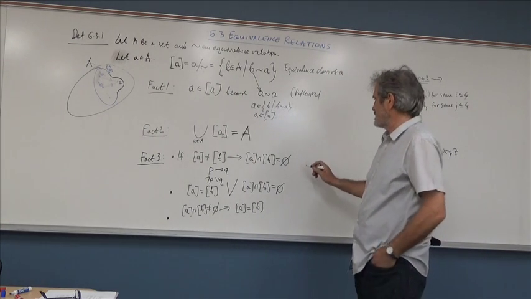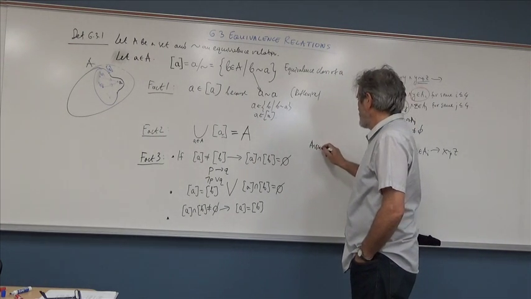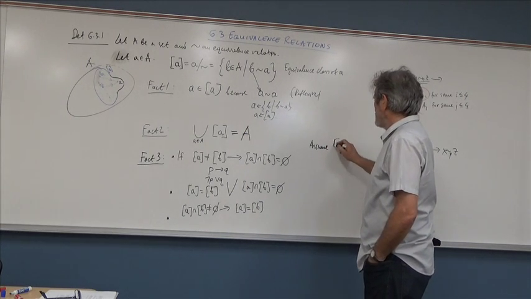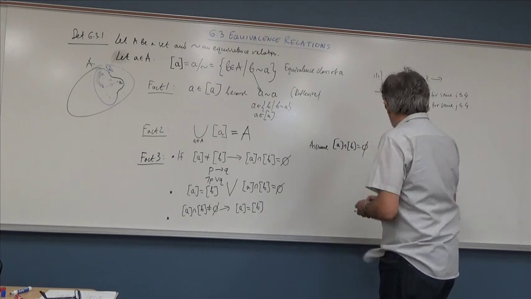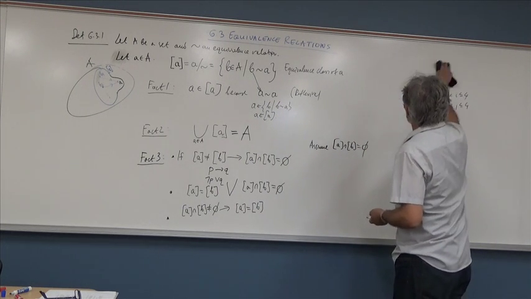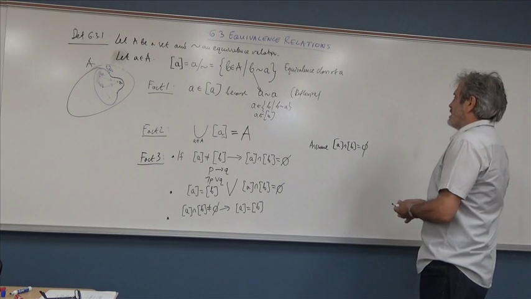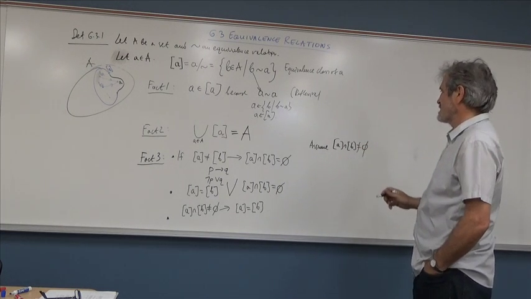And how do I prove it? Assume that the intersection of the two classes, let me erase there so they don't distract us, is non-empty. What does it mean?